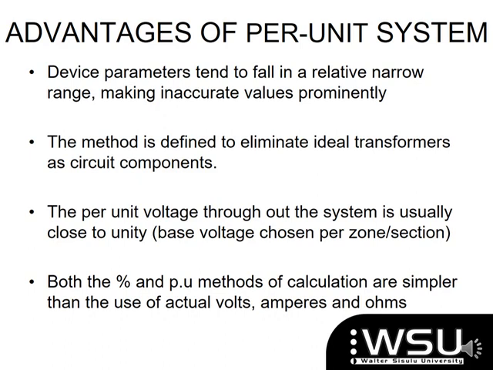Because your voltage is based on your transformer zone, either on your HV or your MV side of your transformer, and we're always utilizing that voltage based on where we are on that transformer side, it means that we are always almost close to unity.